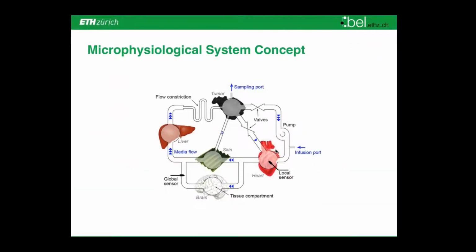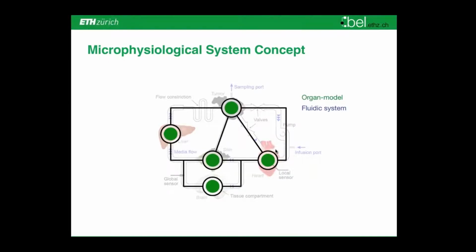So what do I understand by a microphysiological system? This is how you could see the schematic view, if you will. I like to break it apart into three essential components. For one, it's the organ model, which is typically an in vitro model. Then we have the fluidic system around it and some readouts.